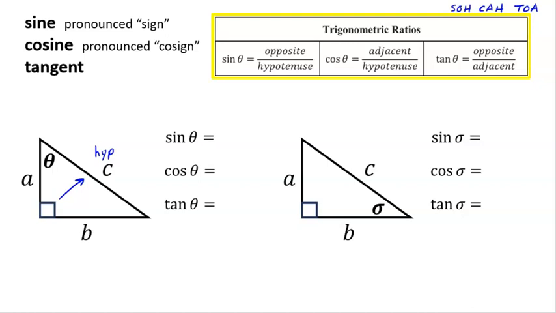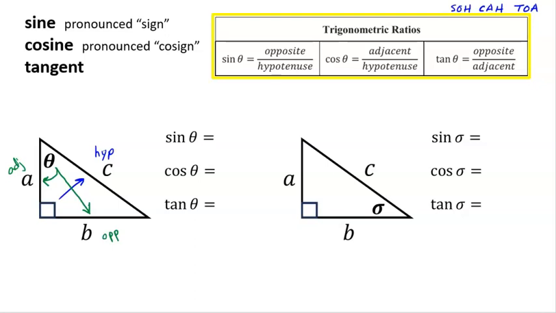When we're looking at angle theta, we go across, and that is going to be our opposite side from that angle. And then the other leg that is next to theta, or helps form theta, is going to be your adjacent side. And remember, opposite means across from, and adjacent means next to.